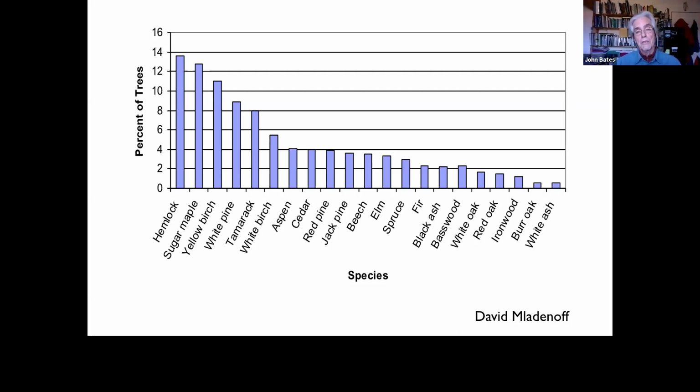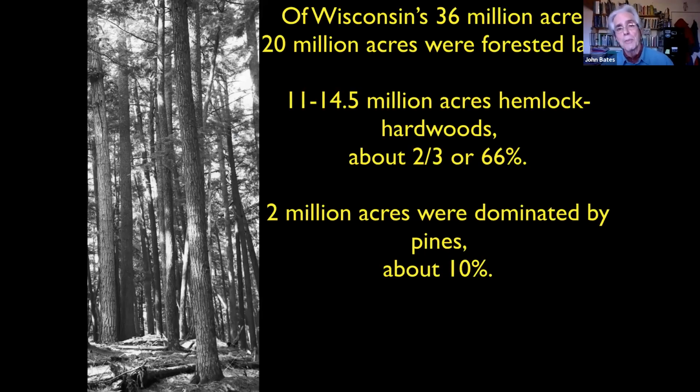So around 17% of the Northwoods, at least via David's analysis, was, quote, unquote, in pine. But really the vast majority of uplands was in these hemlock hardwood forests. So out of our 36 million acres of land in Wisconsin, somewhere around 20 million acres were forested, and somewhere around 11 to 14 or so million acres were hemlock hardwoods, about two-thirds. And really only about 2 million acres were dominated by pines, about 10%.